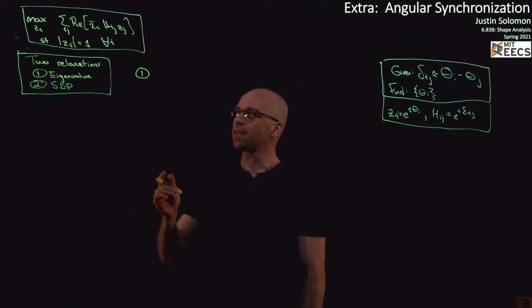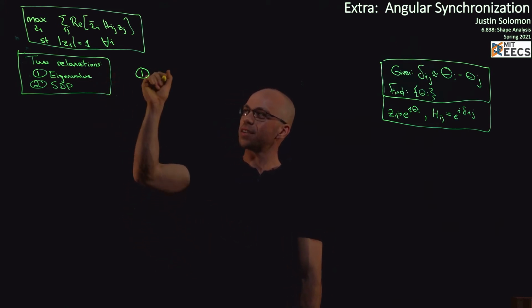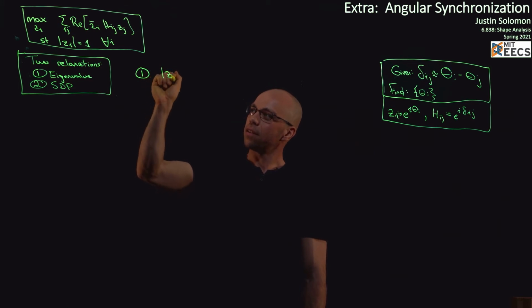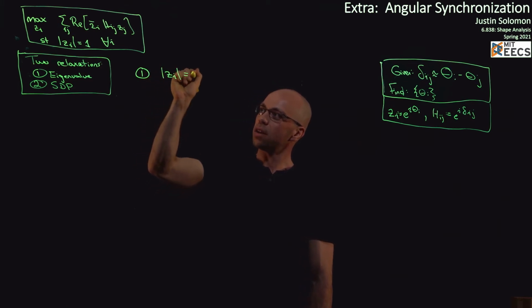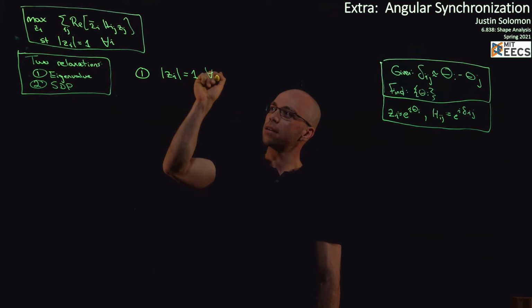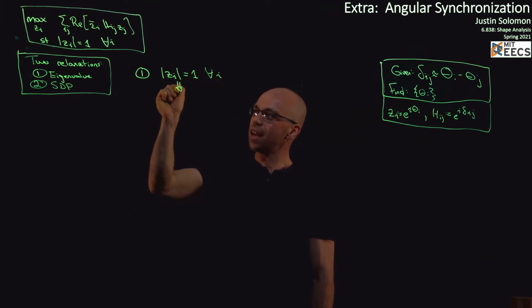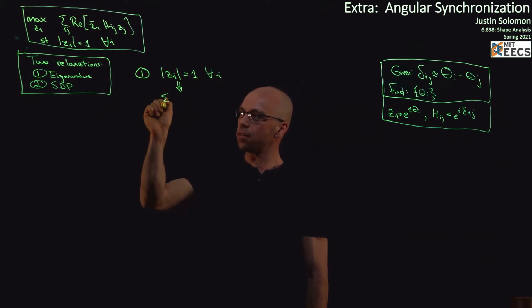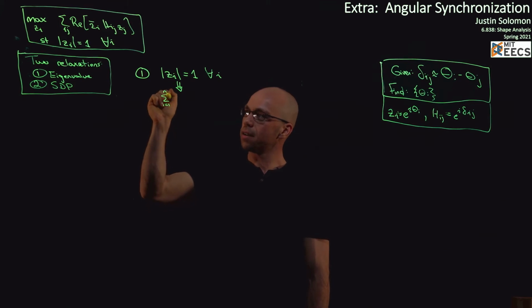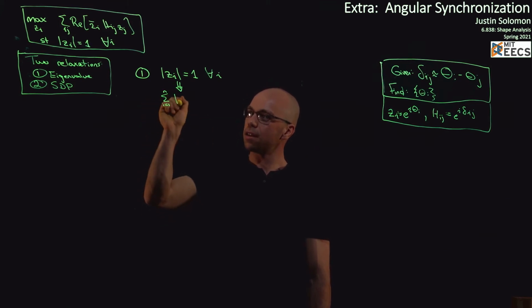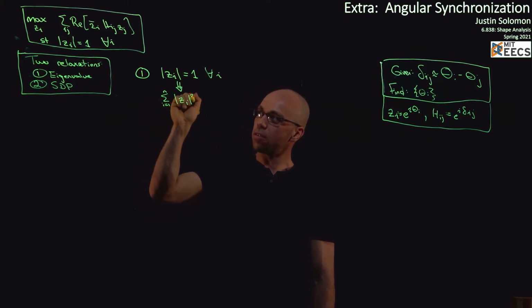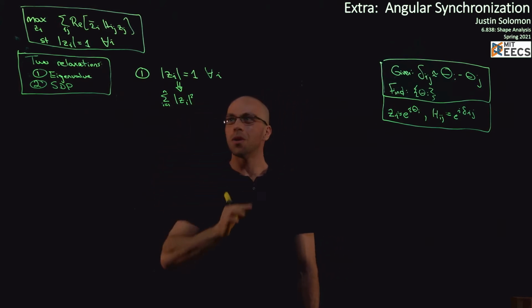Here's the basic idea of the eigenvalue relaxation: if zi is a unit complex number for all i, and I have n variables, then what do I know? I know that the sum from i equals 1 to n of |zi| squared, well, what is this thing?